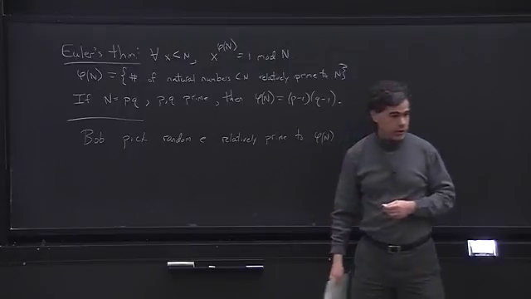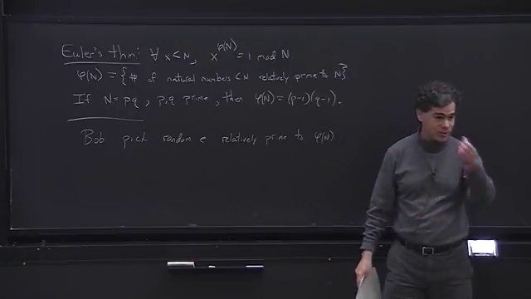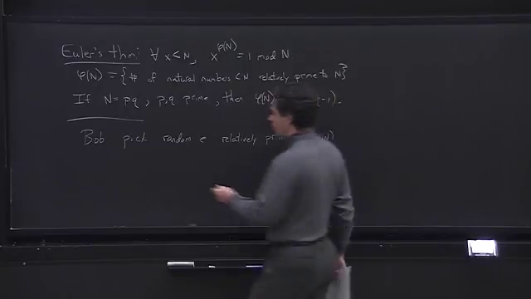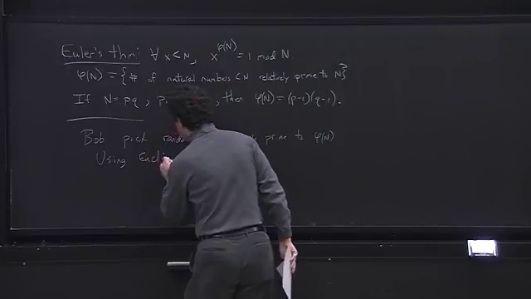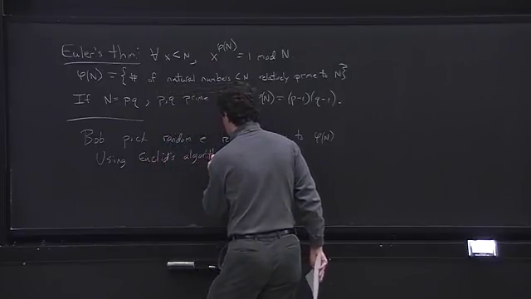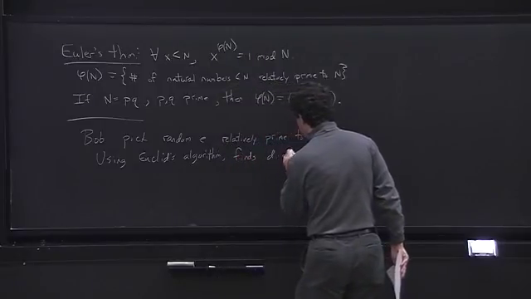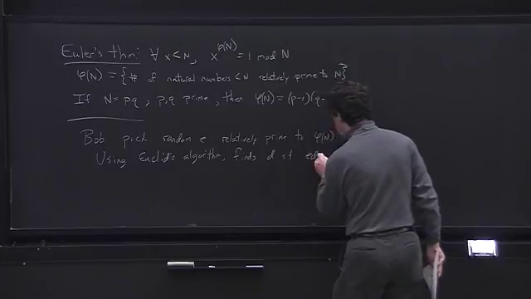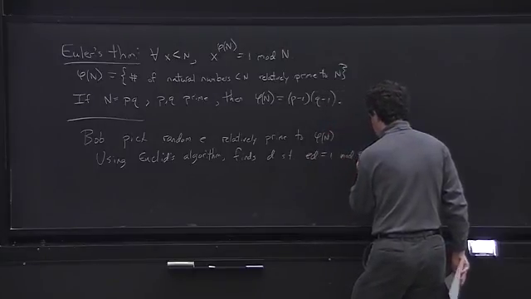Then using Euclid's algorithm, which takes even longer, and which we did in the tutorial yesterday, he finds some d such that ED is congruent to 1 mod phi of n.